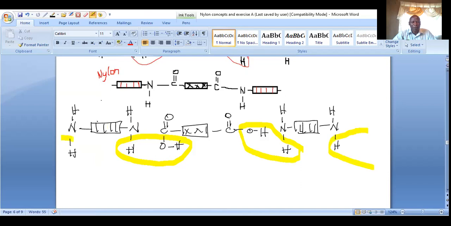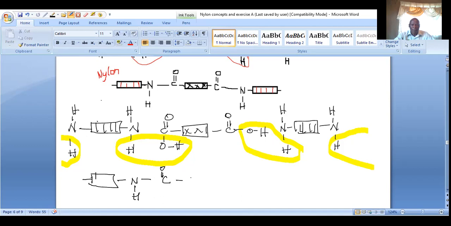And what you come up with then is the nylon molecule. So on this side, you are going to have the nylon. It doesn't matter, this hydrogen can be down there. And then you have that one linked to that one.